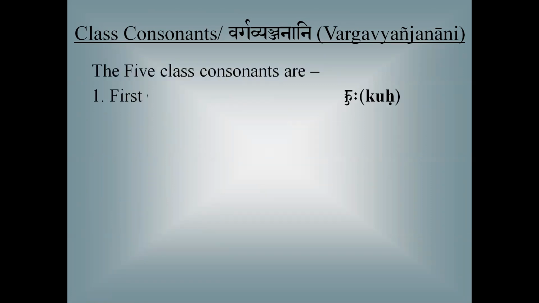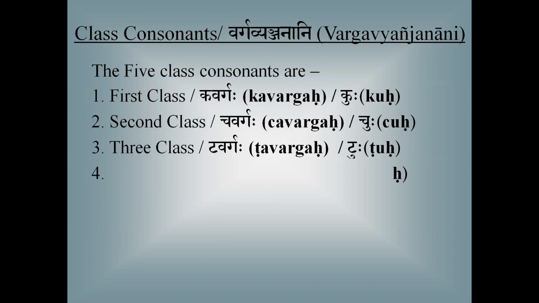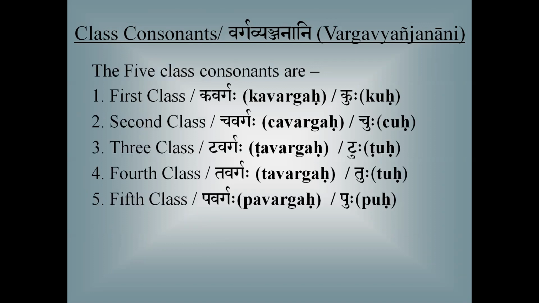Now, the class consonants, we have seen it is divided into 5 classes: Kavarga, Chavarga, Tavarga, Tavarga, and Pavarga. And they have got a technical name. We saw Kuhu, Chuhu, Tuhu, Tuhu, Puhu. Short names to denote the classes. So 5 classes. First class, second class, third class, fourth class, fifth class.